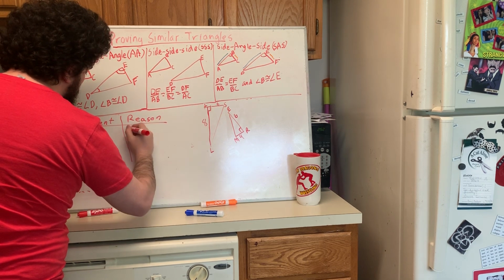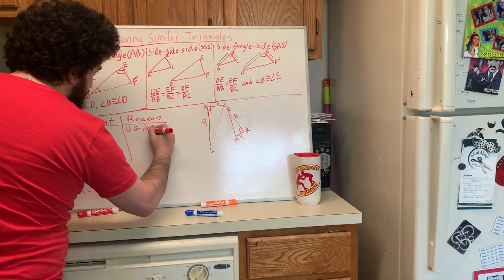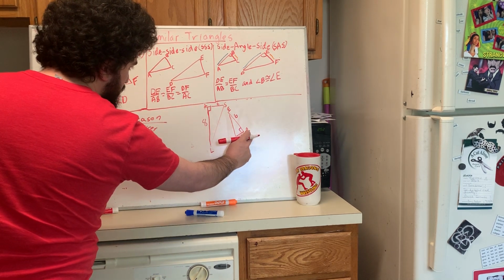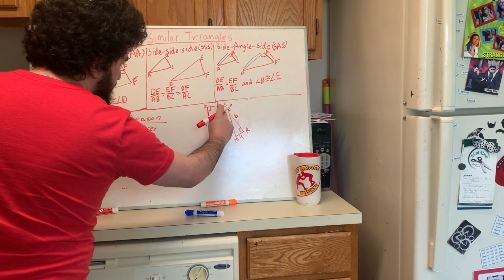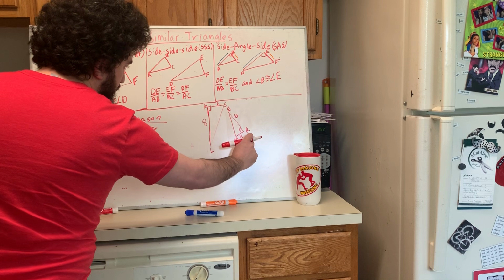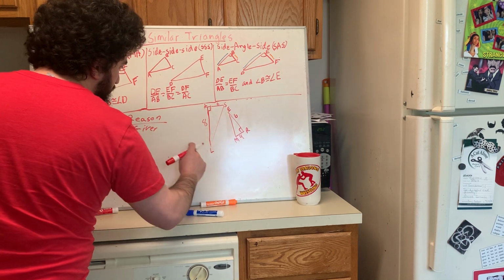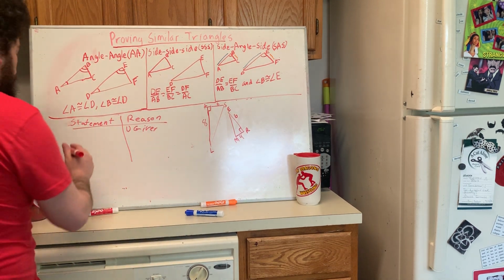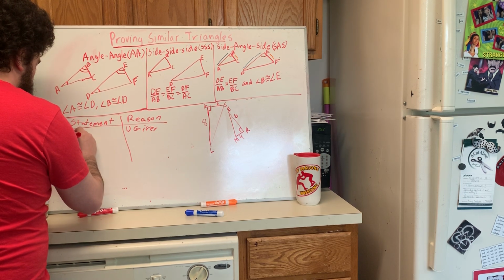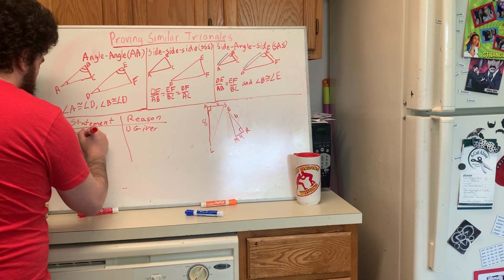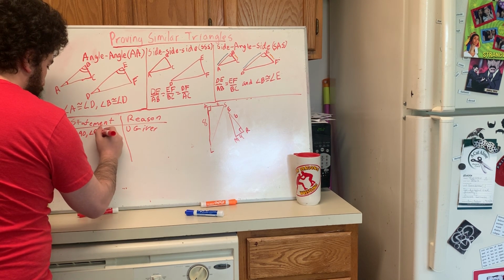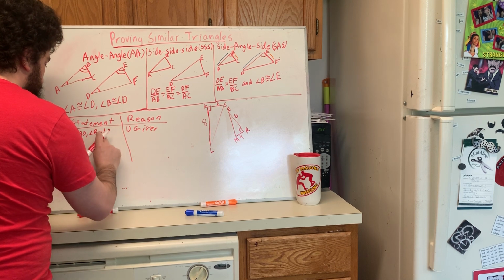So again, I'm going to write out everything that's given to me. I know angle A is 90 degrees. I know angle R is 90 degrees. I know A to S is 6. A to L is 8. E to R is 6. And M to R is 4. So angle A equals 90. Angle R equals 90.